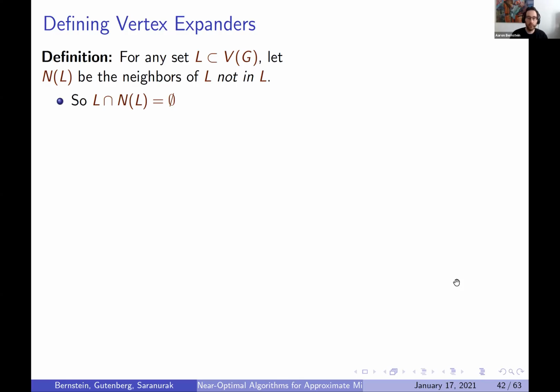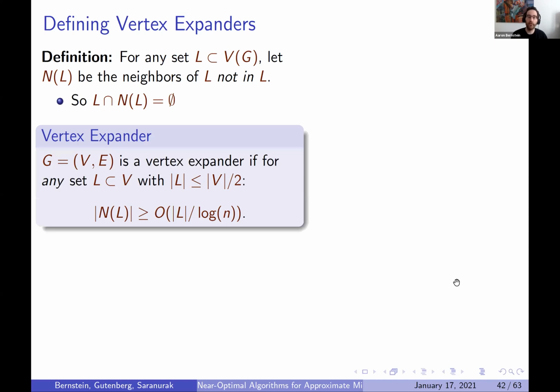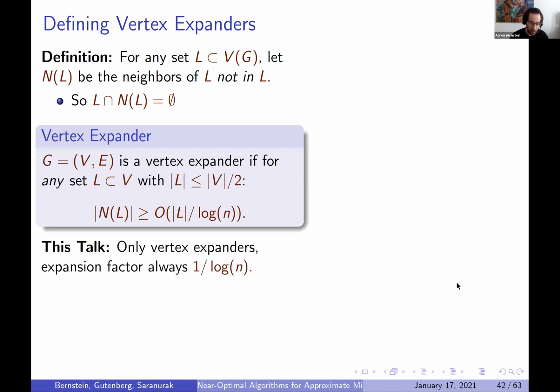Okay, back to my slides. So we can see that definition here: N(L) is the neighborhood of L, and it's a vertex expander if for any set L, the neighborhood is big with respect to the set. For this talk, it's always vertex expanders, always with this expansion factor of 1 over log n.